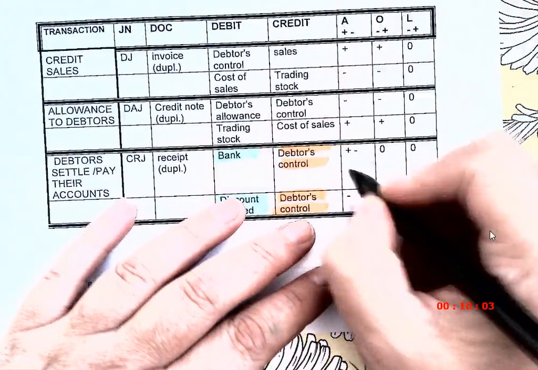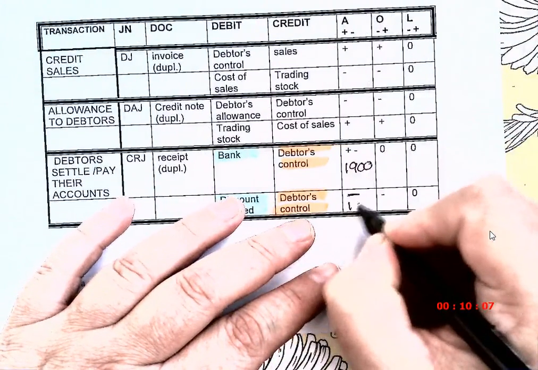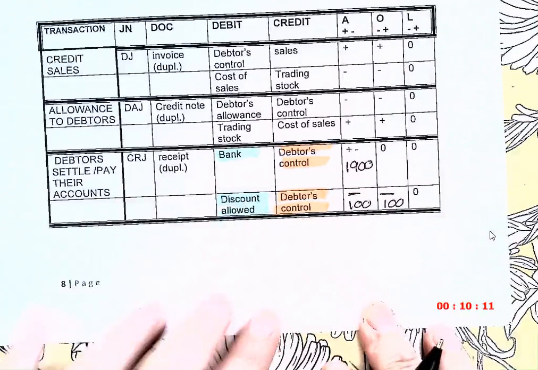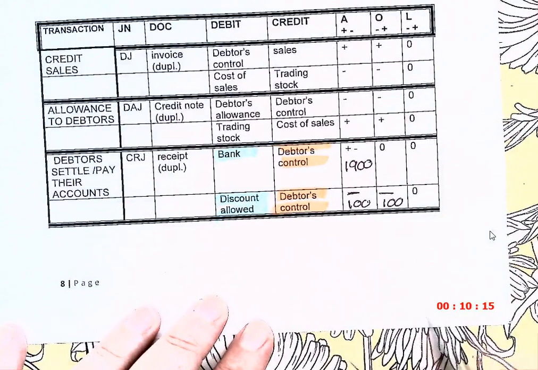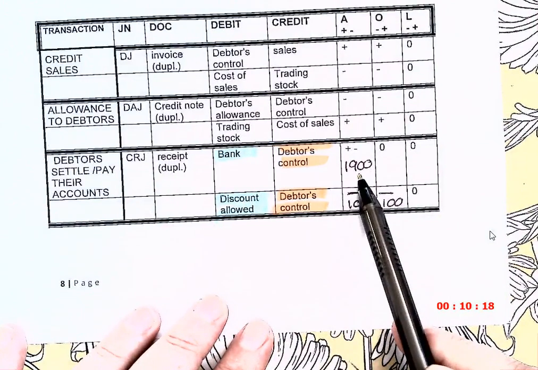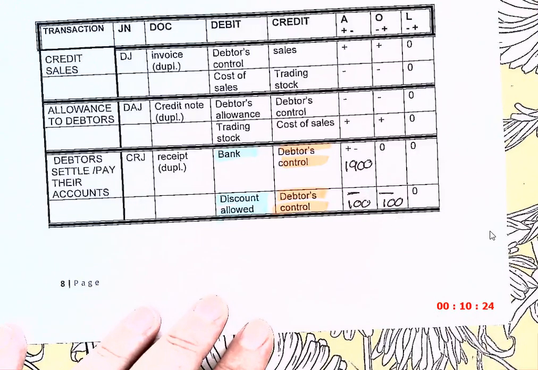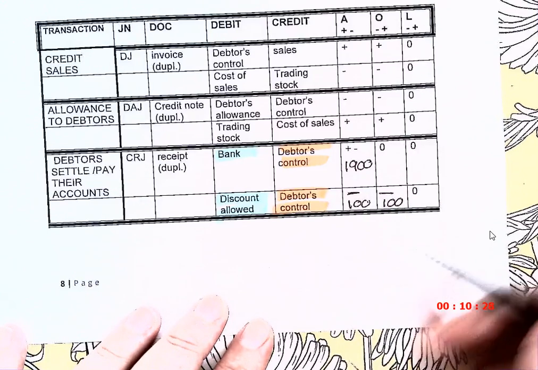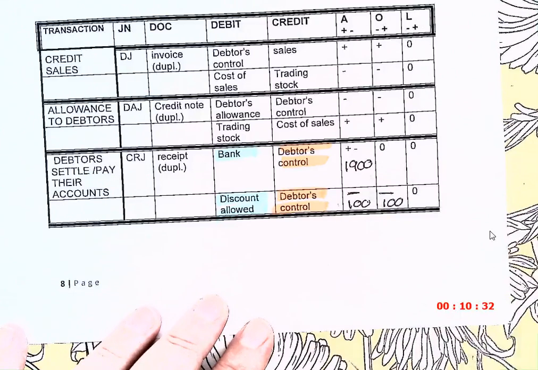Okay? Now, can you see? The guy paid me 1,900 and we gave him 100 discount. So if I have to make this a logical thing, my money becomes more with 1,900. My expense becomes more, meaning my profit becomes less with 100. The debt of the debtor becomes less with 2,000.